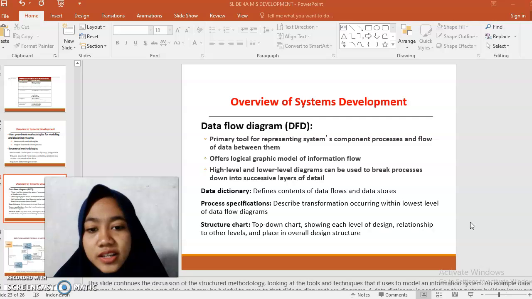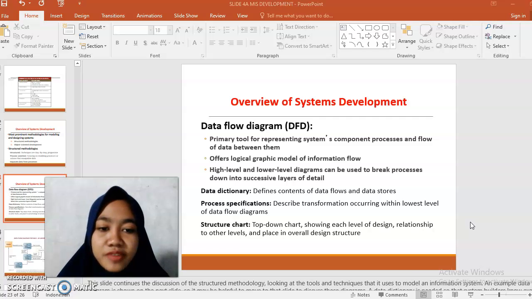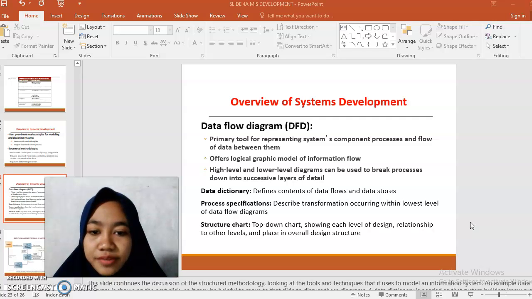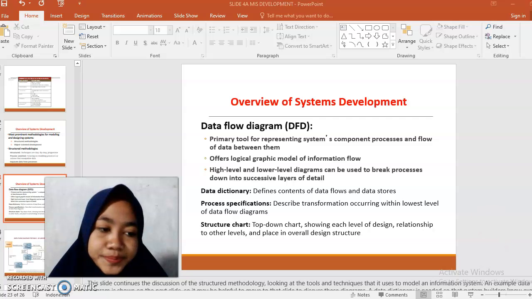The data dictionary defines the content of data flows and data stores. Process specifications describe the information occurring within the lowest level of data flow diagrams. Structure chart: a top-down chart showing each level of design, its relation to other levels, and its place in the overall design structure.